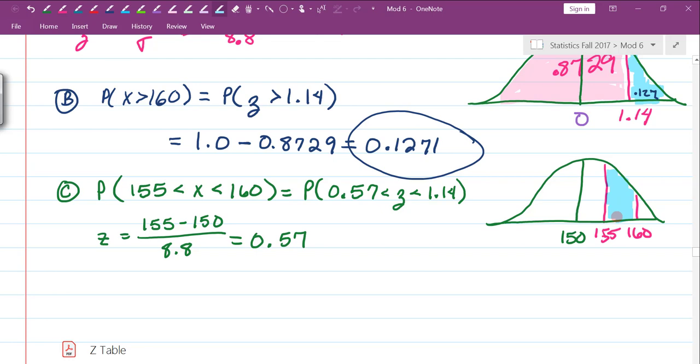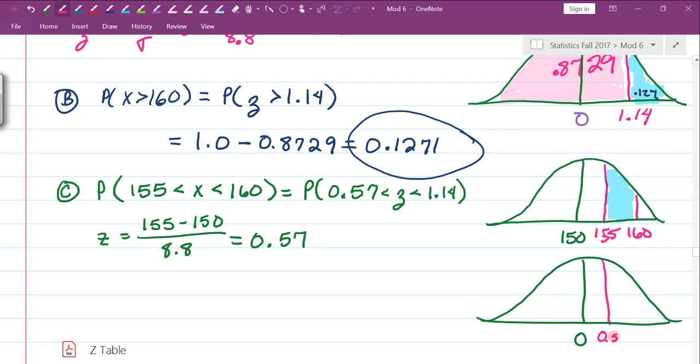That's what we're looking for. So let's go ahead and draw a standard curve that is equivalent to our first curve. The mean is going to be at 0. Now, my left z value is my 0.57. My right value is going to be 1.14. And the area we're looking for is this area between those 2 points, okay?